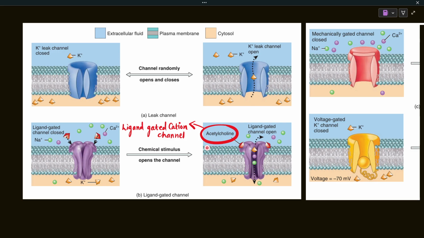They won't allow any other cation. But in this case, the acetylcholine receptor is the ligand gated cation channel. It is not specific to a certain cation. It can allow the passage of all of the cations, and it reacts to the chemical stimulus. The chemical stimulus here is the ligand acetylcholine. Okay, so I hope this is clear.